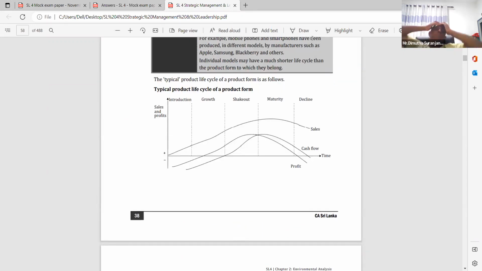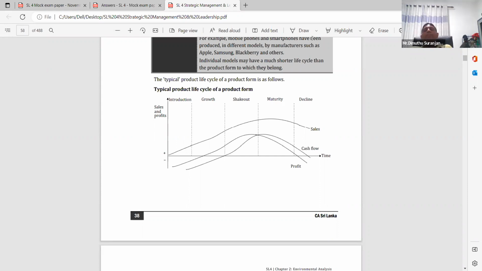Now, if you look at the product life cycle as a concept, what is covered from the PLC concepts? Like human beings, no, products also have limited lifetime. So here under the product life cycle concept, we are trying to identify distinct stages of the product life.